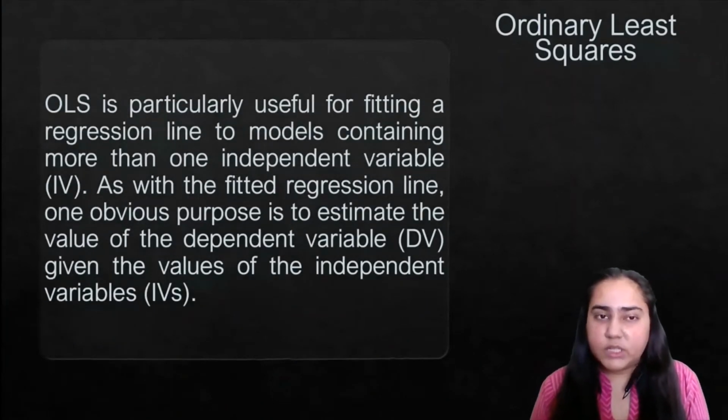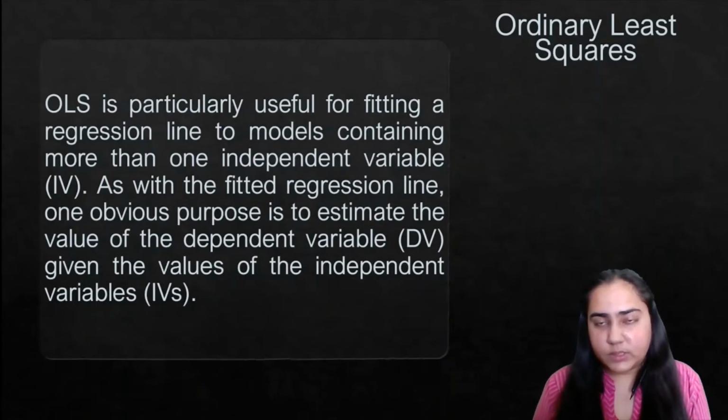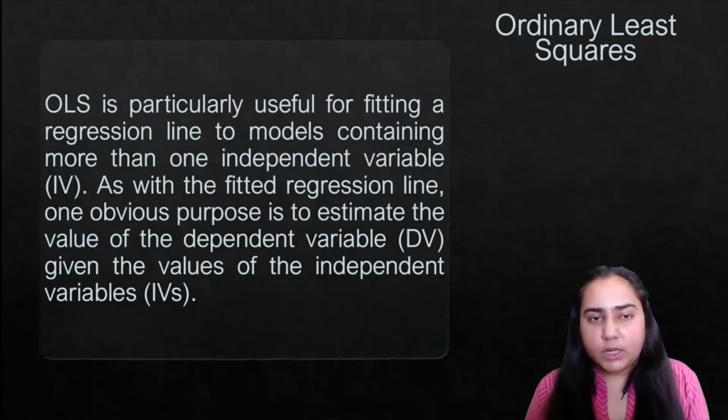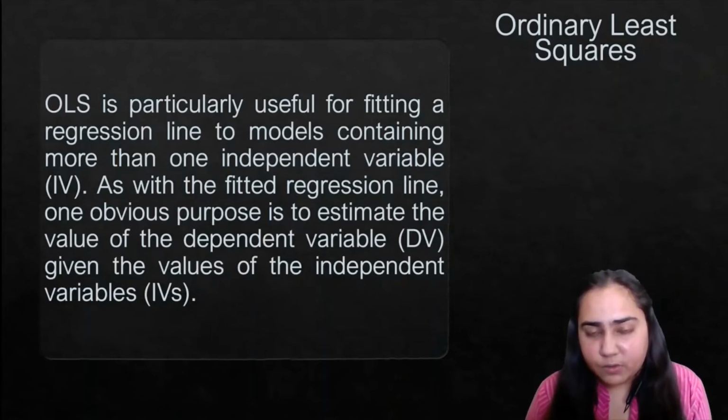Now, OLS is particularly useful for fitting a regression line to models containing more than one independent variable, that is, IV. And with the fitted regression line, one obvious purpose is to estimate the value of the dependent variable given the values of the independent variables.